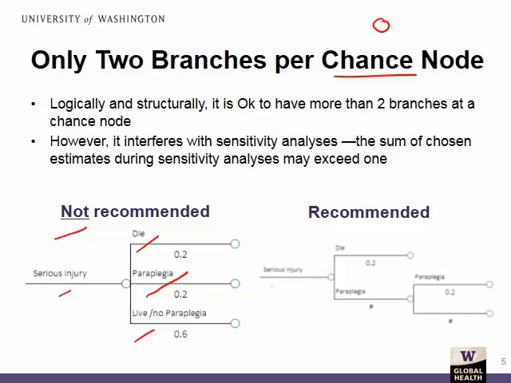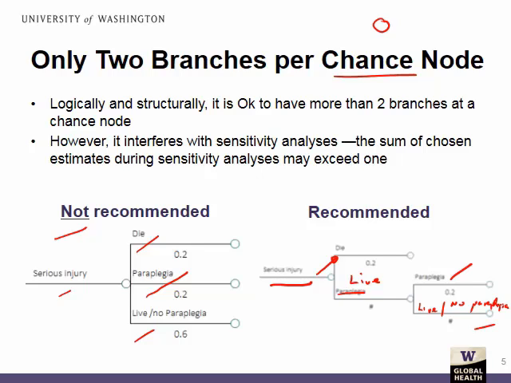So if you have the serious injury here, it goes into die, and then here it has survive. Actually, this shouldn't be paraplegia. This should be live. And if you live, you might live but become paraplegic, or you might live with no paraplegia. So this would be live but with no paraplegia.